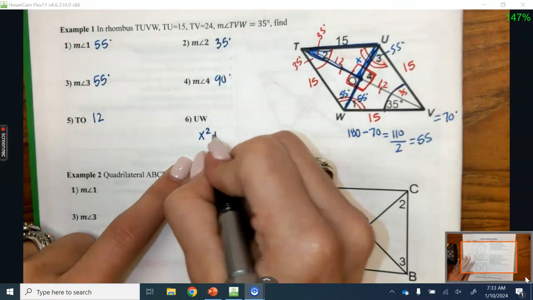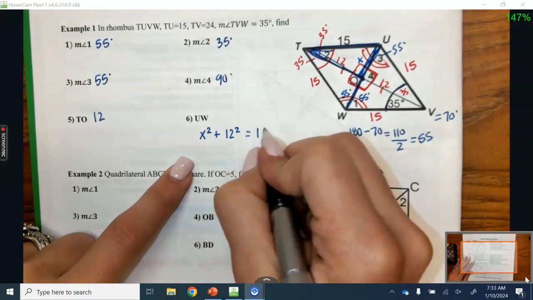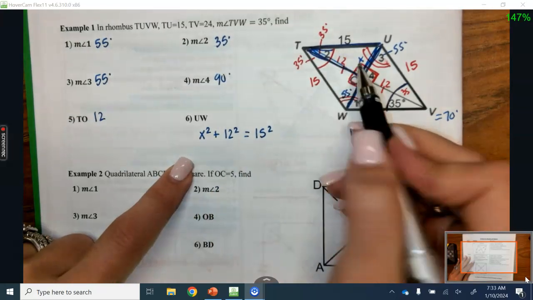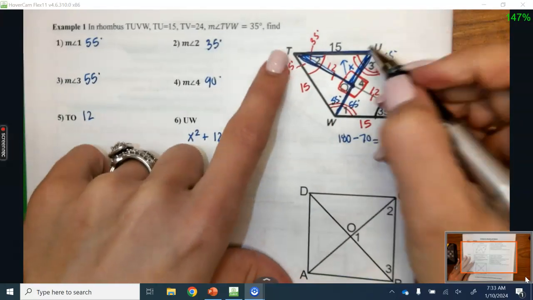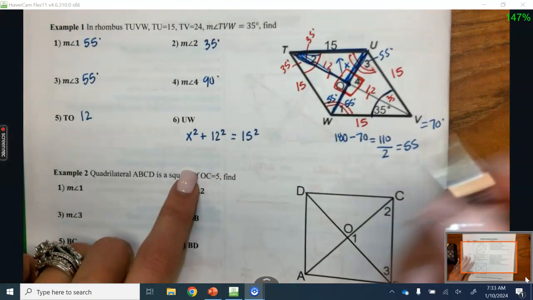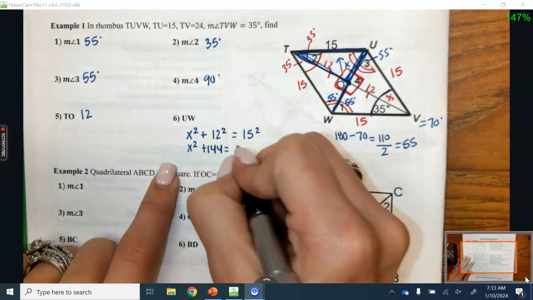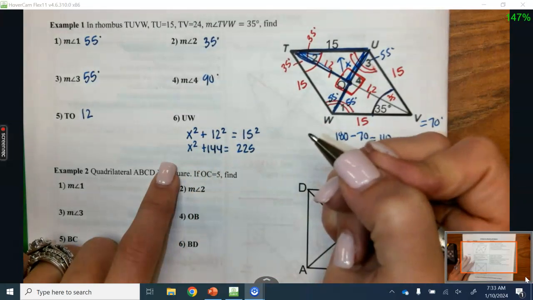So x squared plus 12 squared is equal to 15 squared. Remember, the side that's opposite of the 90-degree angle is going to be your hypotenuse, which is always going to be C. So x squared plus 144 is equal to 225.